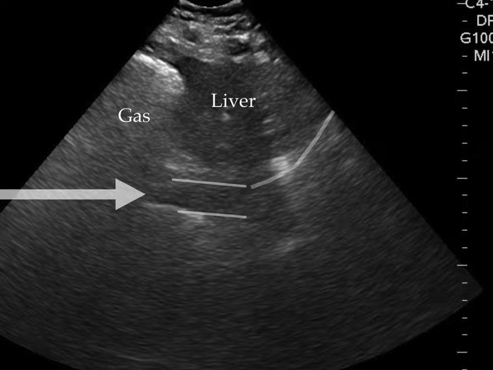What we can notice here, though, is on inspiration, we do have collapse. So although the diameter might be about 2 centimeters, the collapse does seem to be greater than 50%. If we were to put this into a clinical scenario, in terms of a patient's volume status or their ability to change their stroke volume based on a fluid bolus, this might change our management.